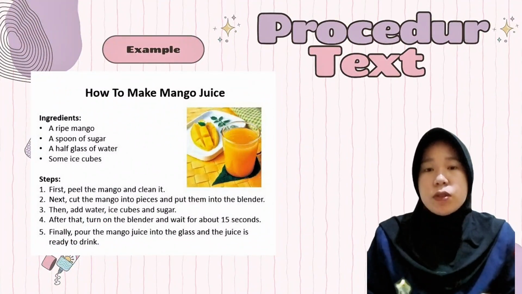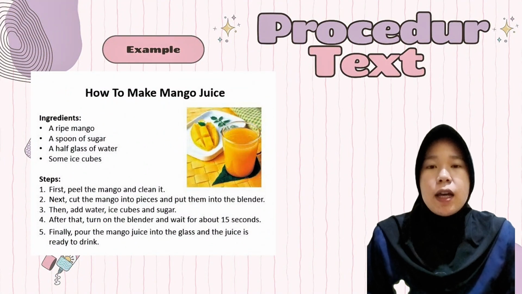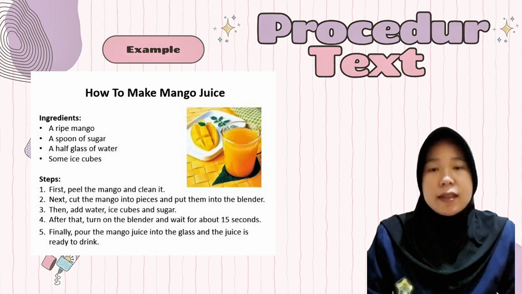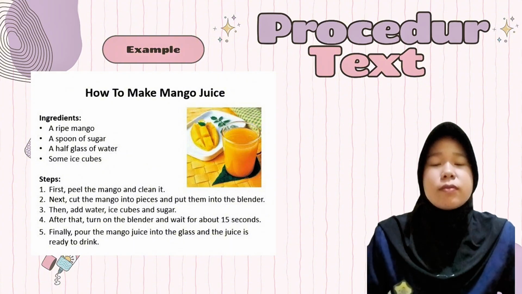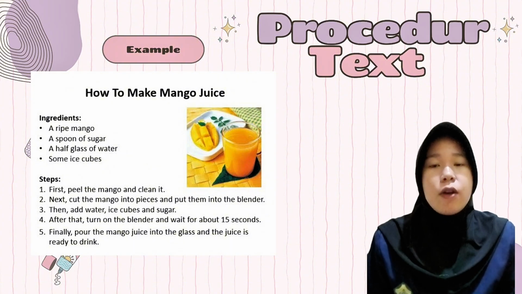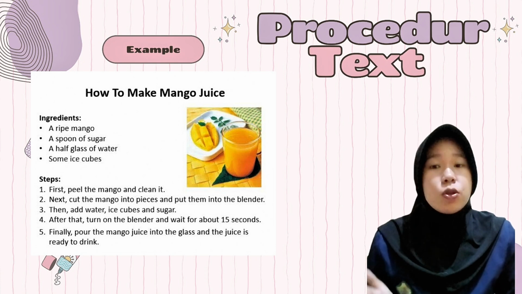Next, we move on to the example of procedure text. Now, let's look at the example of procedure text titled How to Make a Mango Juice. I will explain the generic structures one by one of this text. The goal is how to make mango juice.